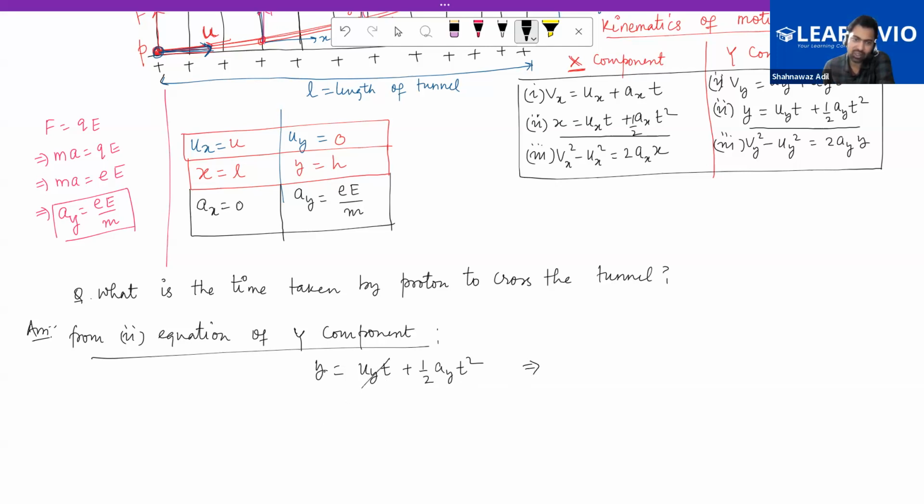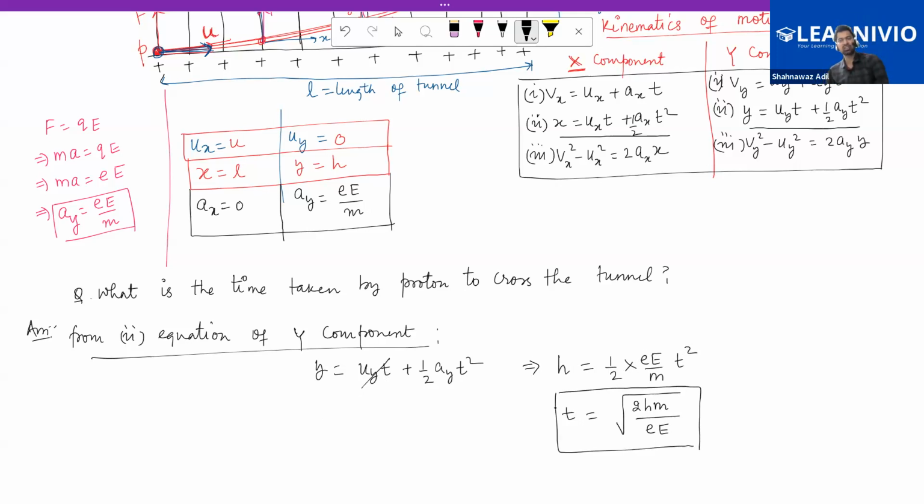This y is h, and this is equal to half, ay is eE by m, and then t squared. So this t would be the square root of 2hm divided by eE. This would be the time to cross the tunnel.